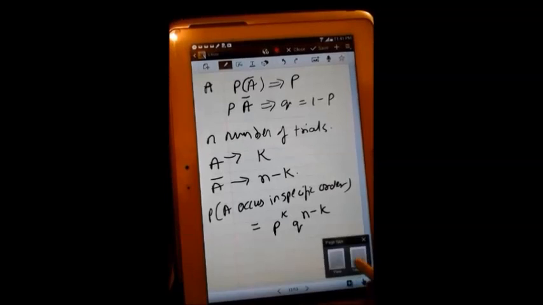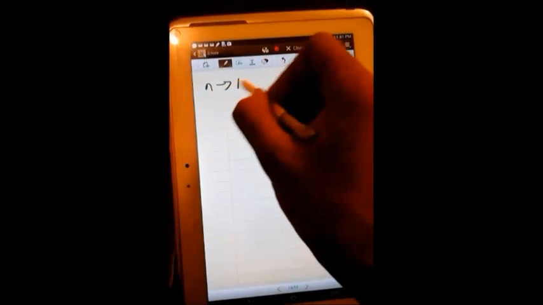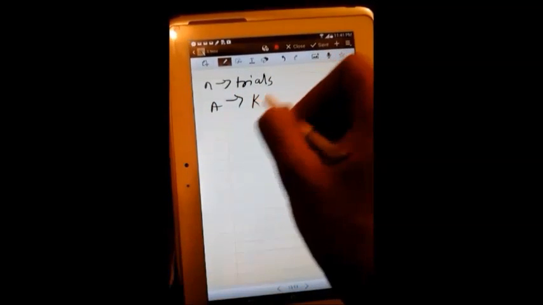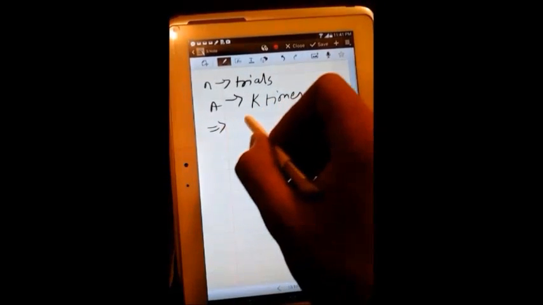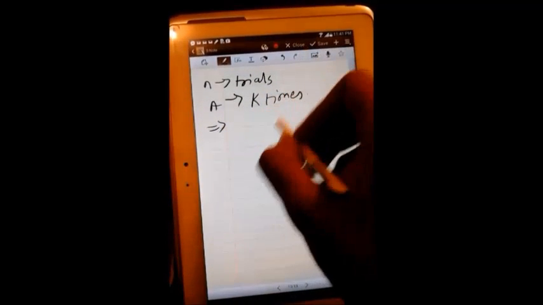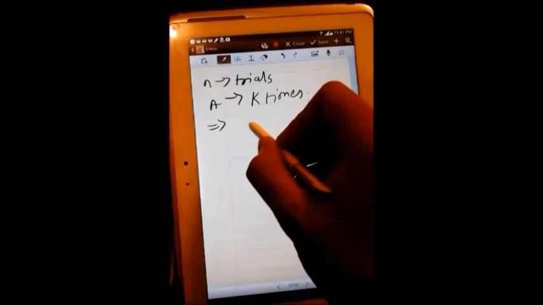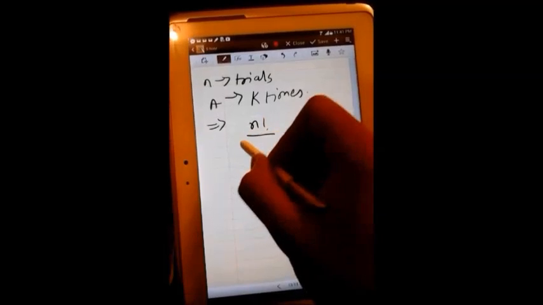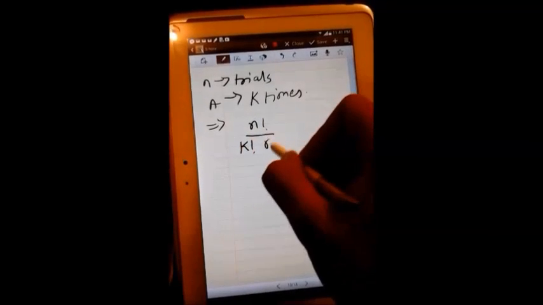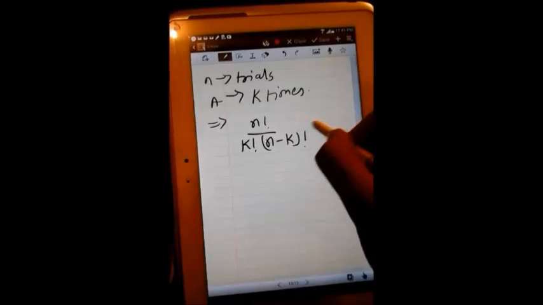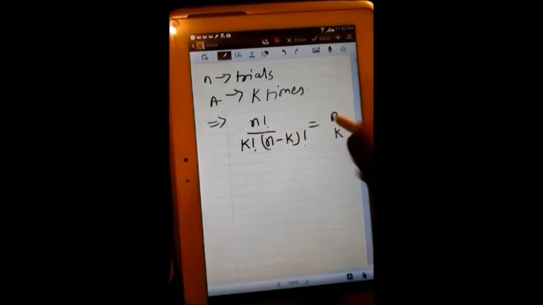Now, out of n trials, A occurs k times, which means that all the A events are identical amongst themselves, and therefore the number of orders is given as n factorial upon k factorial into n minus k factorial, which is nothing but n combination of k.